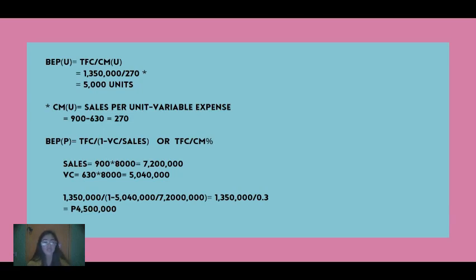So the sales is 900 times 8,000, which is equal to 7,200,000, and the variable cost is 630 times 8,000, which is equal to 5,040,000.